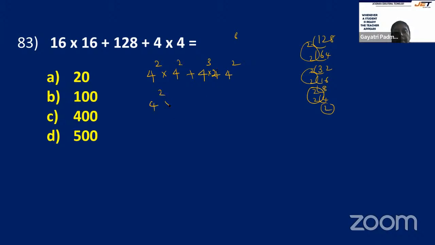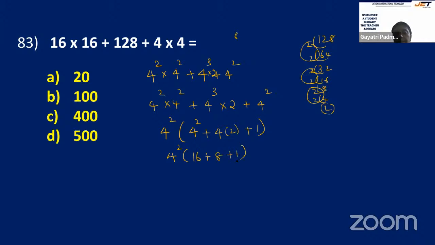So let me write it clearly: 4 square into 4 square plus 4 cube into 2 plus 4 square. Taking 4 square common, we get 4 square into (4 square plus 4 into 2 plus 1), which is 4 square into (16 plus 8 plus 1).